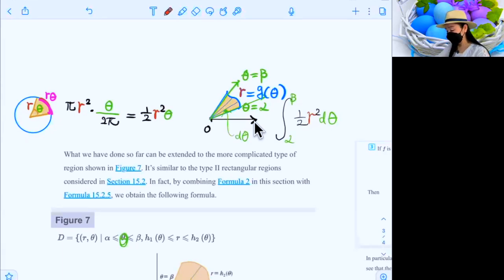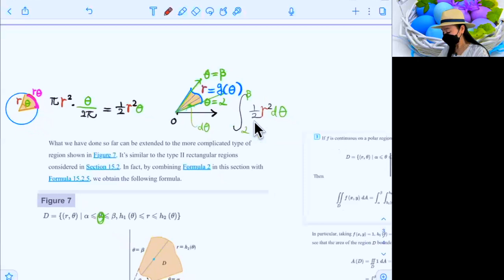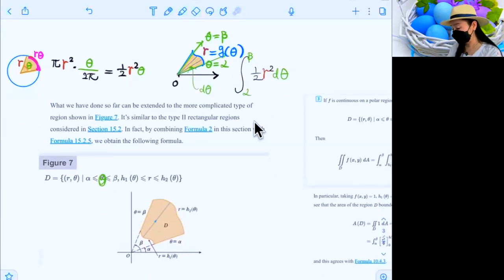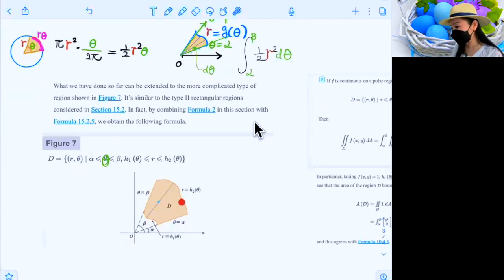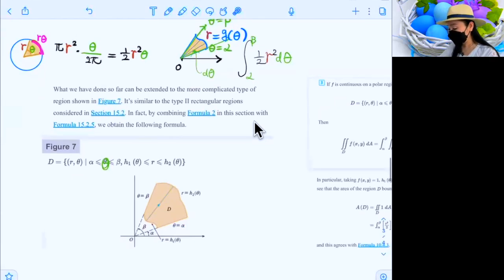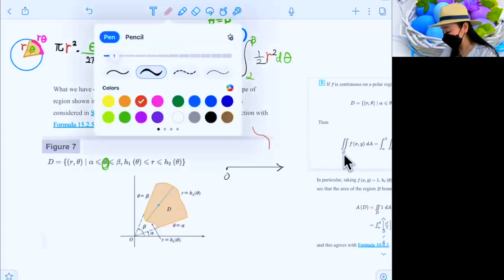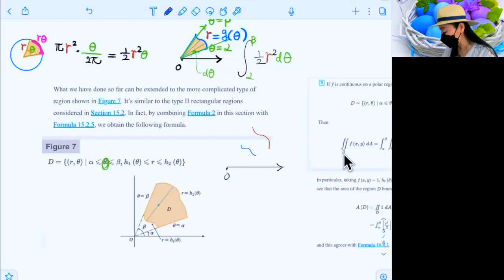Now, what if we have a polar curve like this one over here? Let me draw this. This is the pole, and this is the polar axis. You have one polar curve that is further away from the pole, and then another polar curve over here. Let's label them.